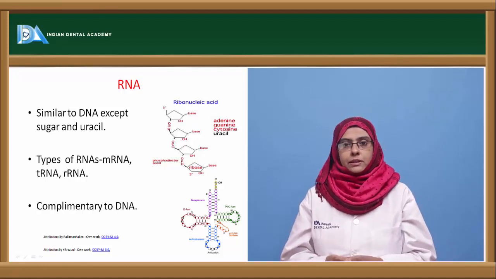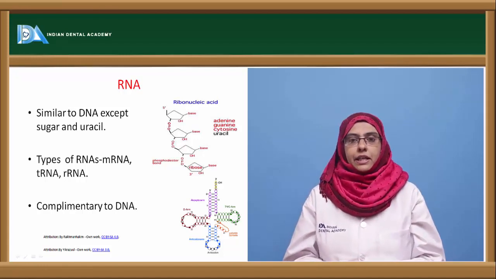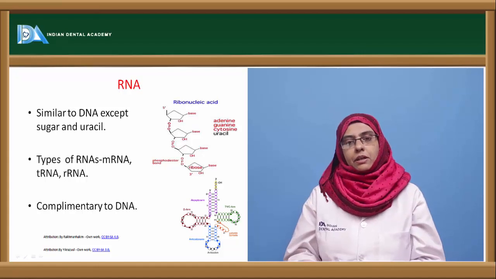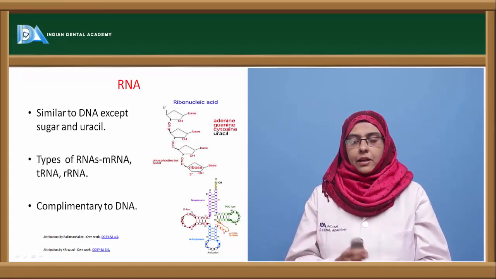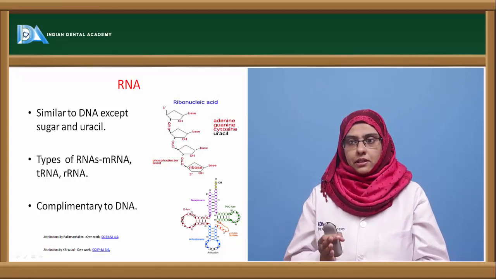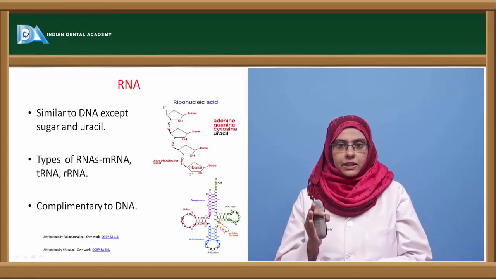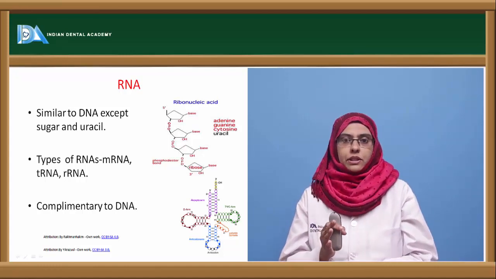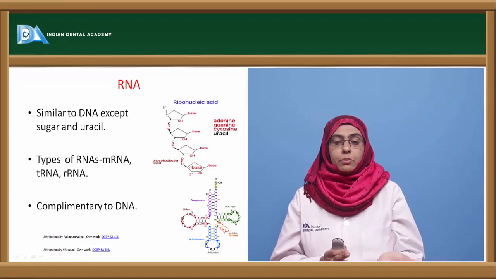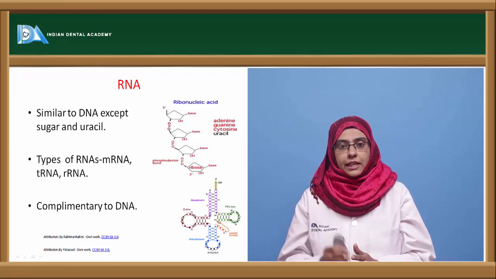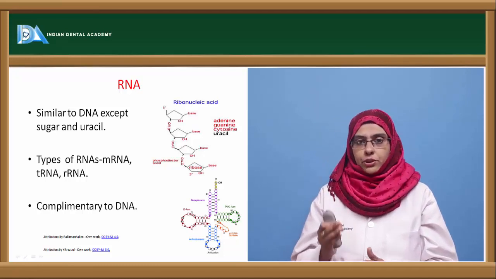Coming to the similarities and differences between DNA and RNA, RNA is nothing but a copy of a DNA. It has been synthesized from the DNA. But there is a difference in the sugar that is present. In DNA, it is a deoxyribose sugar, whereas in RNA, it is a ribose sugar.